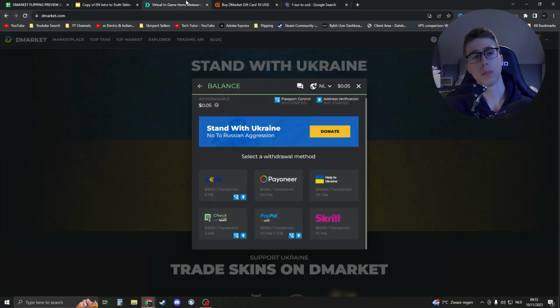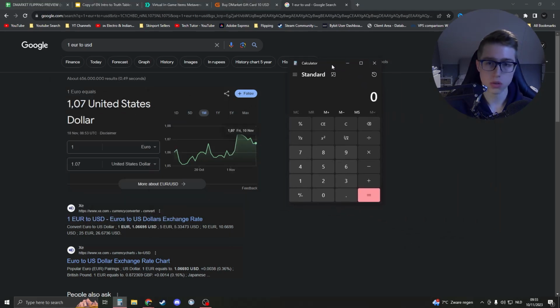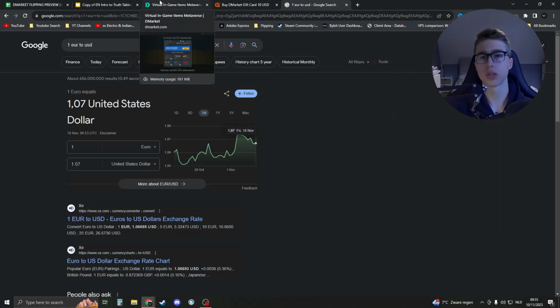But for example, PayPal or Payoneer will only give you 1.05 USD. So they take a cut on the conversion fees. Not a lot of people know that, and they lose out on a lot of profit, because most of the time it is still like a 2% fee, and you don't know it, and that can really cut your margins if you have a low margin plan.